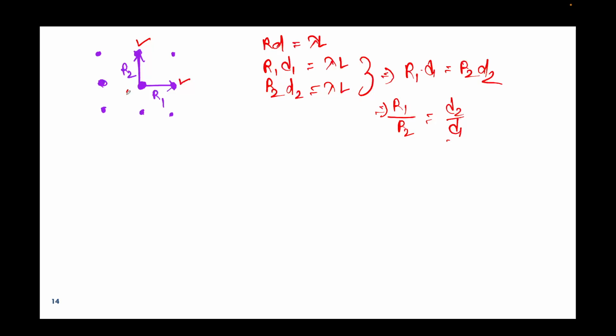Let's say I am putting this point as 0, 0, 0 as my origin. If the information is given to you in the exam that this is an FCC material or a BCC material, fine. Let's say I am assuming that this material is cubic.